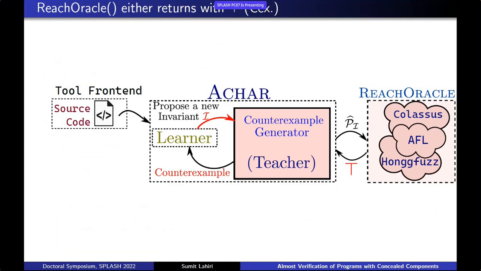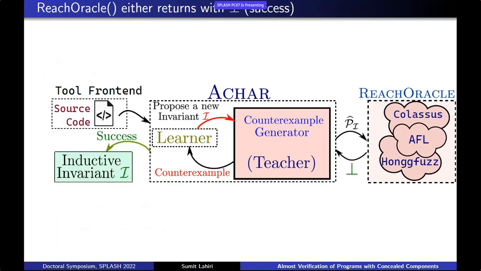These are a few of the tools that we use for checking the correctness of the harness file against the invariant. If the fuzzer returns a counterexample, we give it back to the learner so that it can propose another invariant. However, in the case where no counterexamples are produced, we just say that it's probably correct, so it's an inductive invariant for the program.